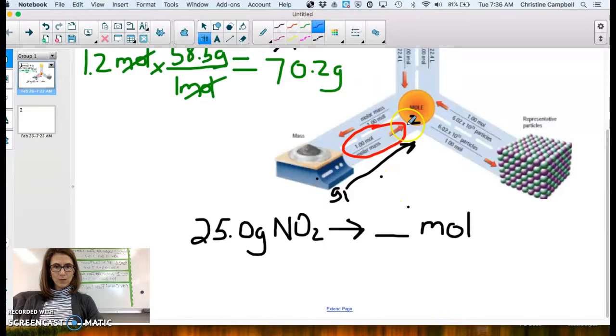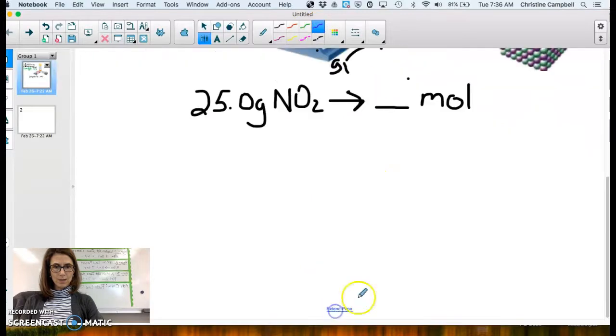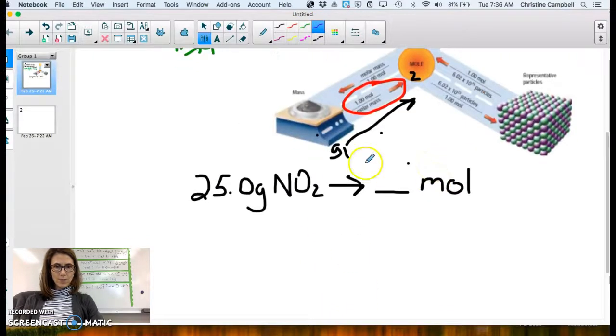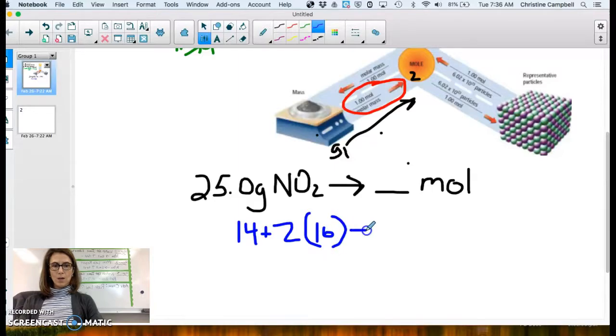So the first thing that we need to calculate is the molar mass of NO2. So we have 14, which is the atomic mass of nitrogen, plus 2 times 16, which is the molar mass of oxygen. So 14 plus 32, and that gives us 46 grams per mole.